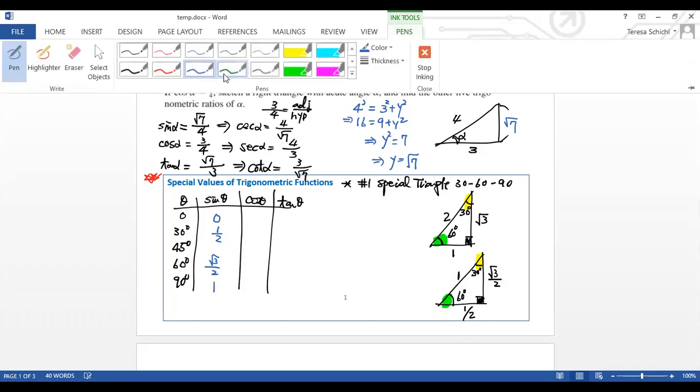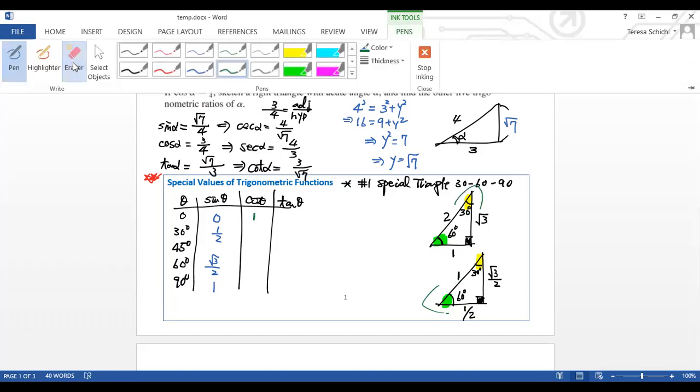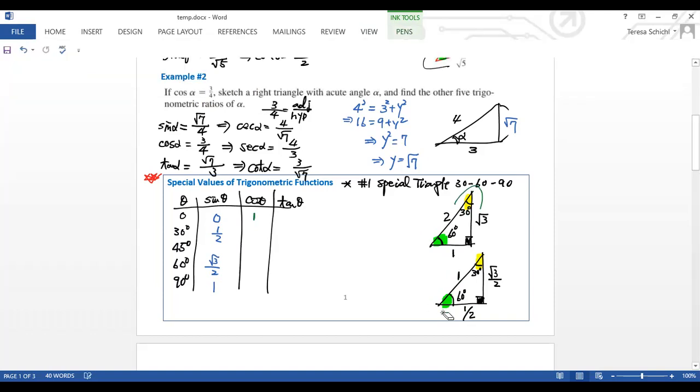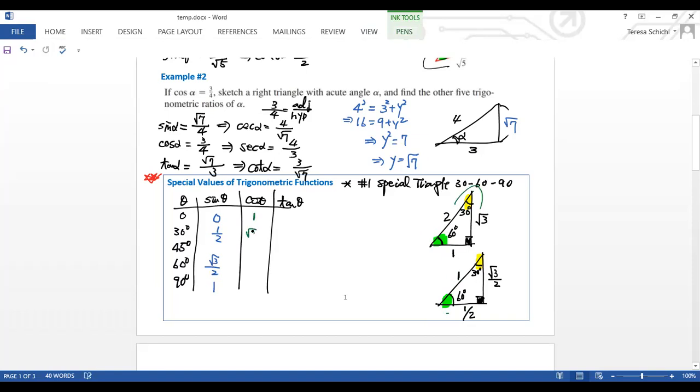So the cosines here are the same thing, right? Cosine 0 is 1. Then cosine 30, look here, the hypotenuse. So the cosines go this way. So cosine 30 will be the square root of 3 over 2.